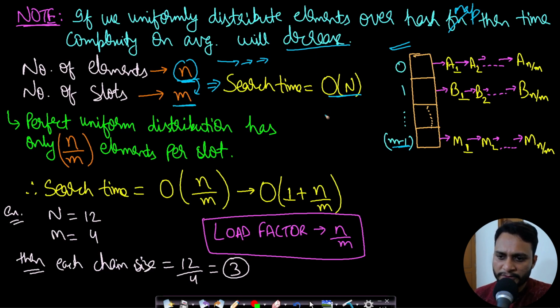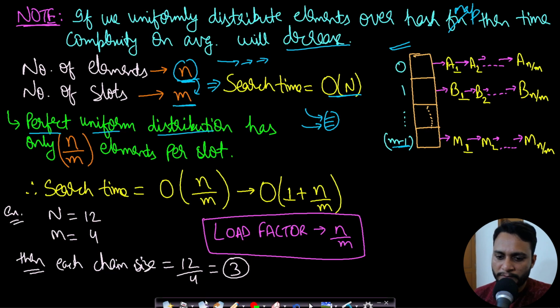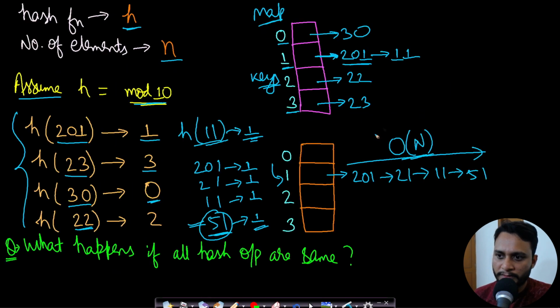If the hash function is not good enough, then multiple values will repeatedly have the same key value. So we will assume such a hash function which provides perfect uniform distribution. And what does this perfect uniform distribution mean? In the previous case, I had shown you that all the elements might be falling into a single linked list.